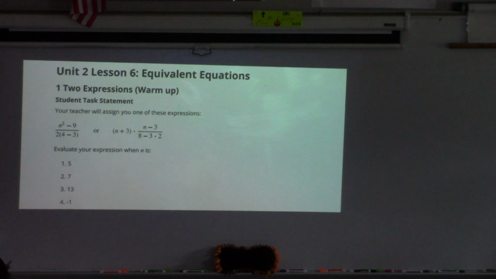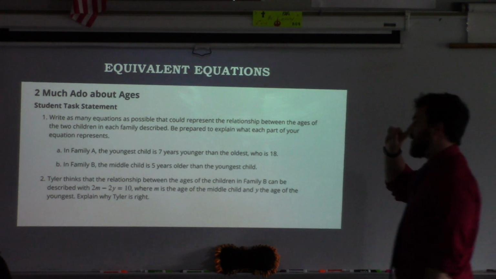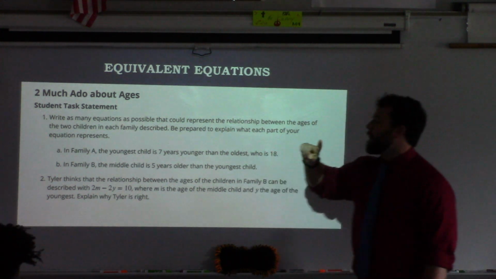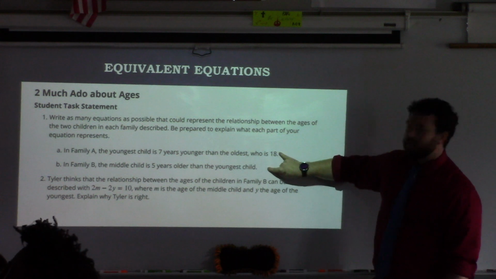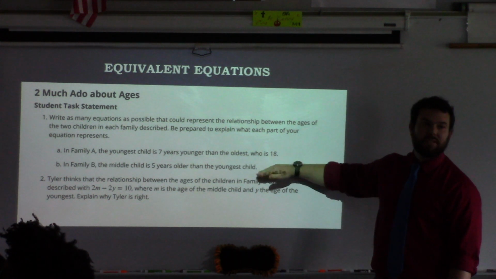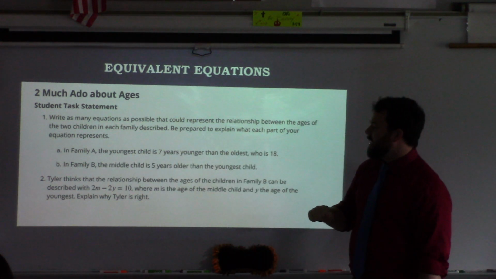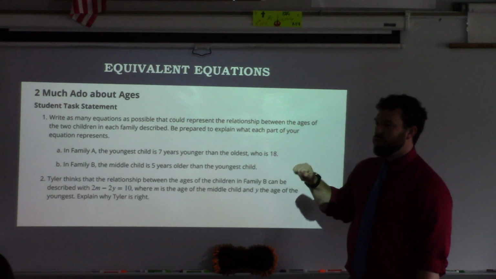So let's get back to this activity, this is what we started yesterday. One quick clarification, because this is something that came up very heavily in first block. Please notice, are these the same families? No. Do not mix and match these ideas. You've got family A, where the youngest child is 7 years younger than the oldest, who is 18.